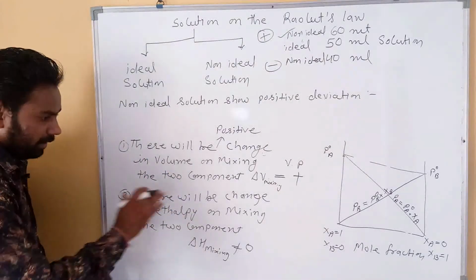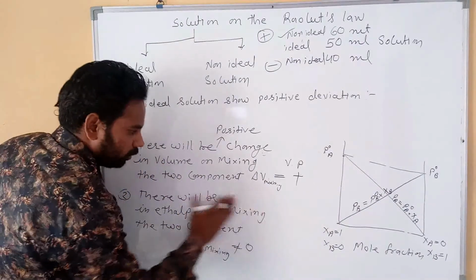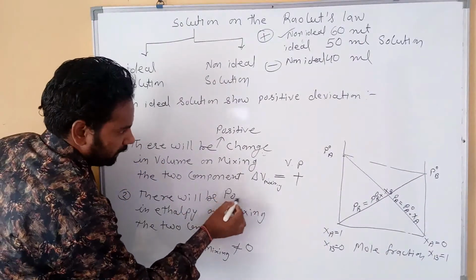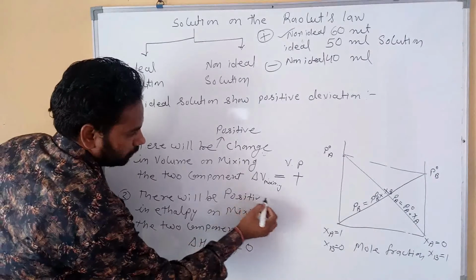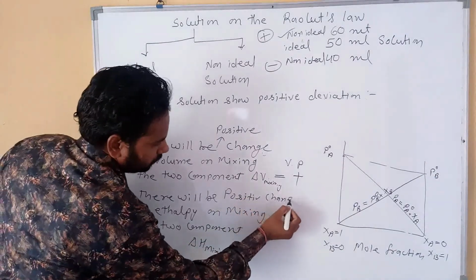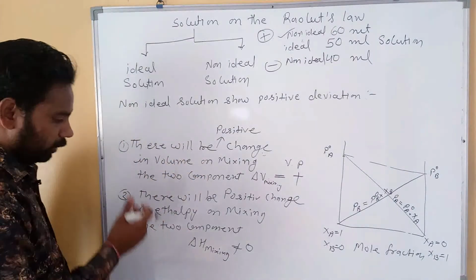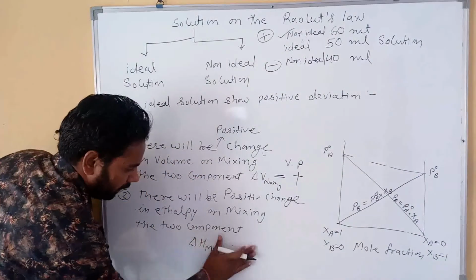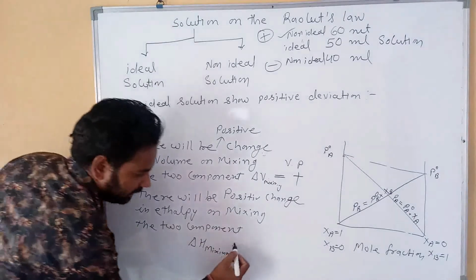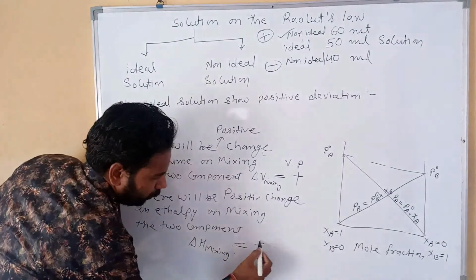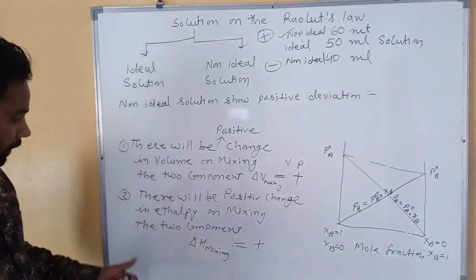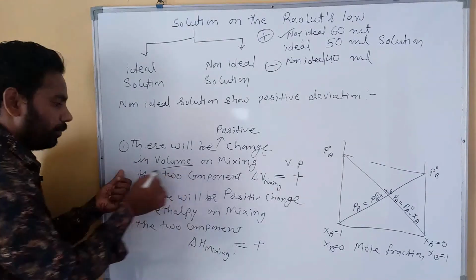Here also we mention positive change: a positive change in enthalpy on mixing the two components. So again del H mixing is equal to positive. What happened here in volume?